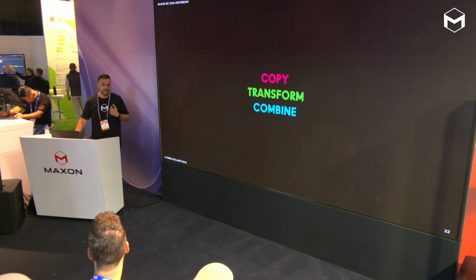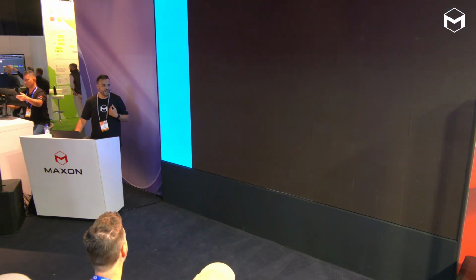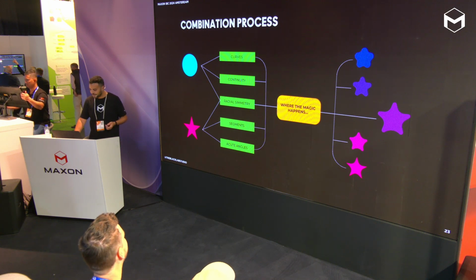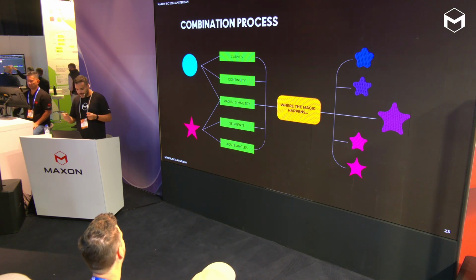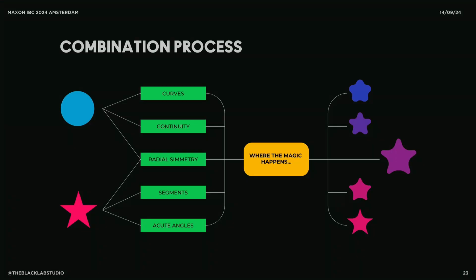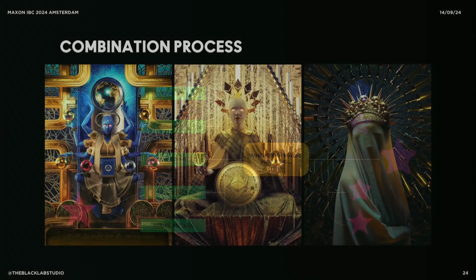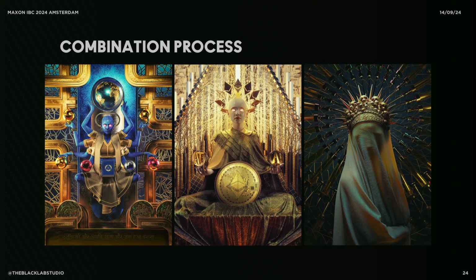And then my preferred one is to combine. So take two elements, apparently having nothing to do with each other, and find the common point. And then something magic happens. It can be applicable to anything. I'm not just talking about stylistically.